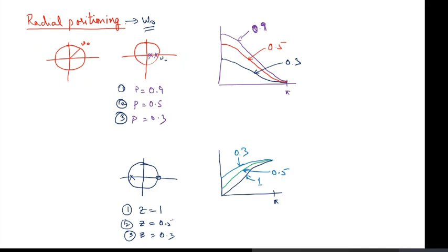As we move away from the omega 0 point towards the origin of the z plane, we will have a reduced effect.